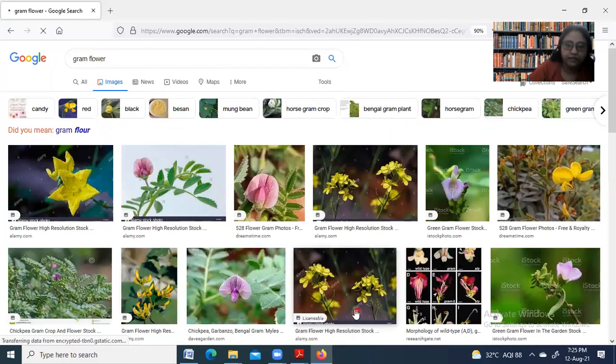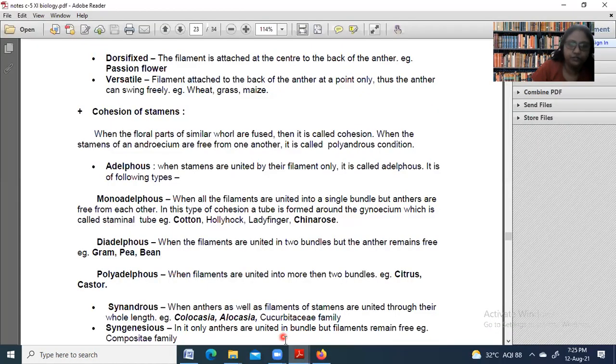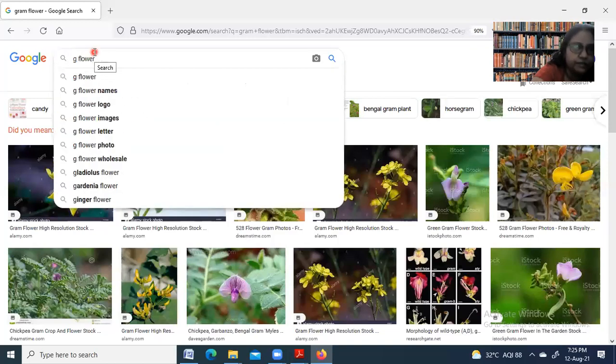So I wish to share with you the image of gram flower, or we can take pea flower. In pea, it will be easy for you to understand.